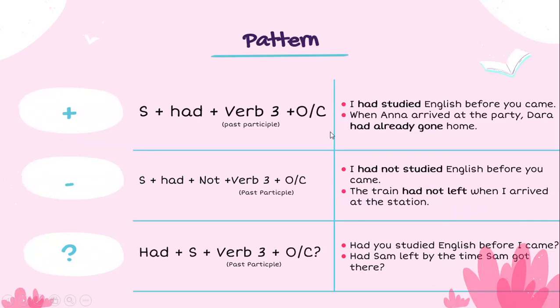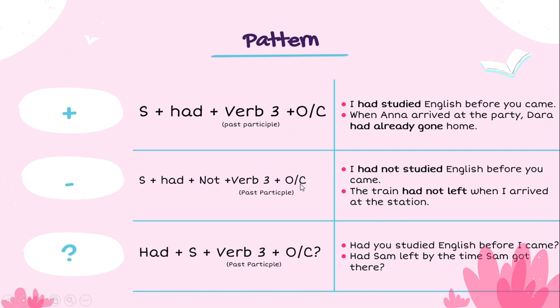And how is the pattern of this kind of sentence? For the affirmative sentence, the pattern is subject, had, and then verb 3 or past participle, followed by object or complement.